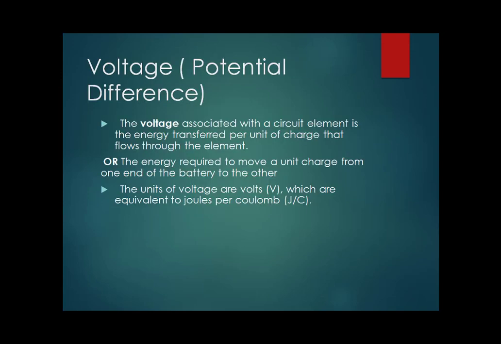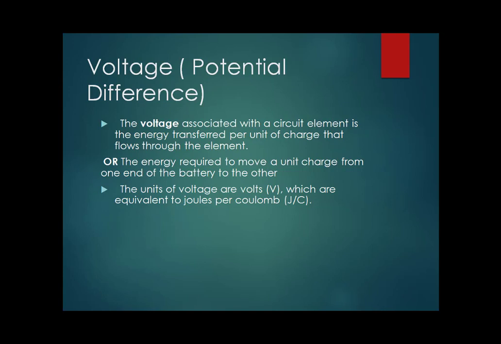Voltage, or potential difference. It's the voltage associated with the circuit element, that is, energy transferred per unit of charge. So a unit charge flows from one point, a higher potential, to a lower potential, through any electrical components, either resistive, capacitive, any of them. So it's named as potential difference.